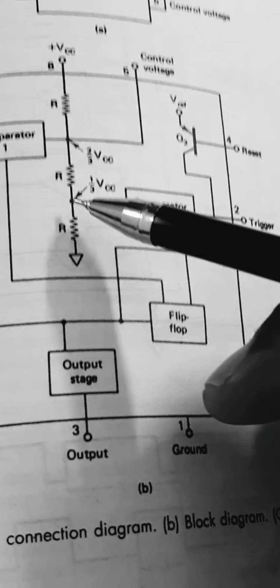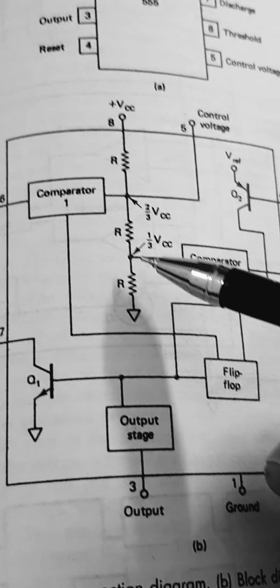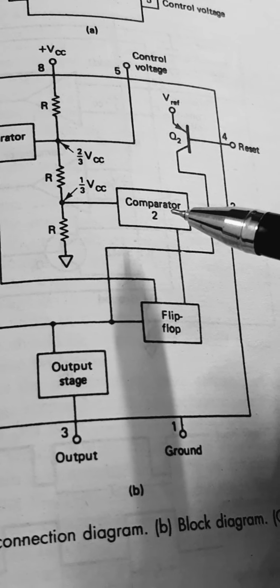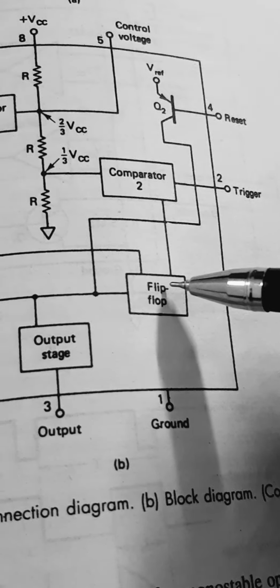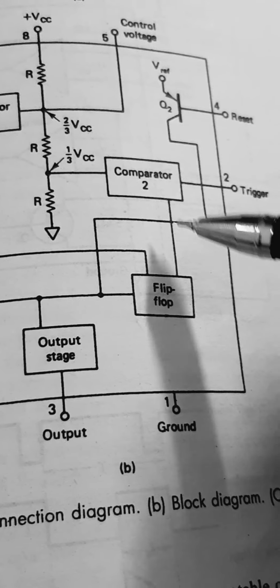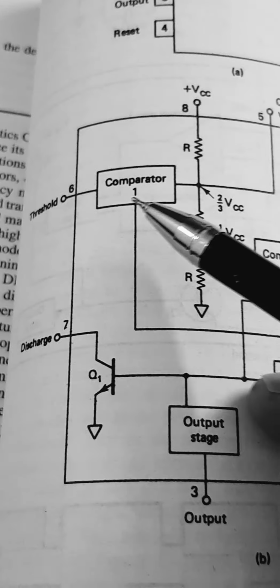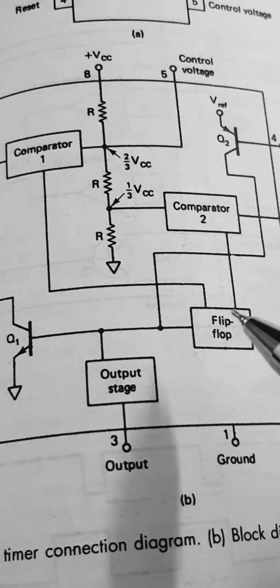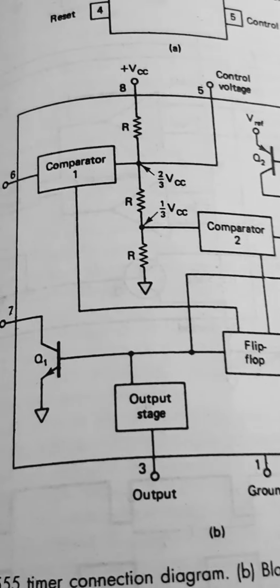Here it is 1 by 3 VCC, here it is 2 by 3 VCC. This 1 by 3 VCC is compared with the trigger and it is given to the flip-flop. 2 by 3 VCC is compared with the threshold and it is given again to the flip-flop. This is comparator 1 and this is comparator 2.